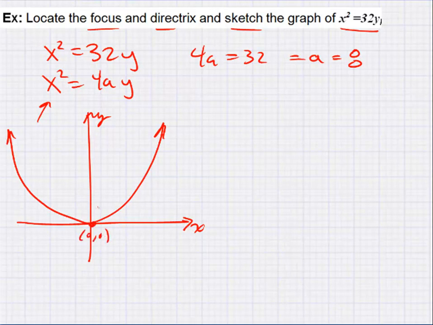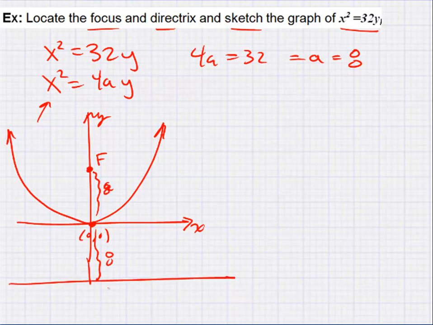A is 8, which means this distance here is 8 to get me to my focus. This distance here is 8 to get me to my directrix. Okay? So then I have to say, what is the focus? What is the directrix?